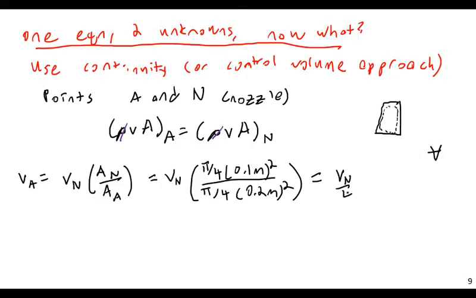And that's my lovely handwriting. So what I have now is VA equals Vn over 4.